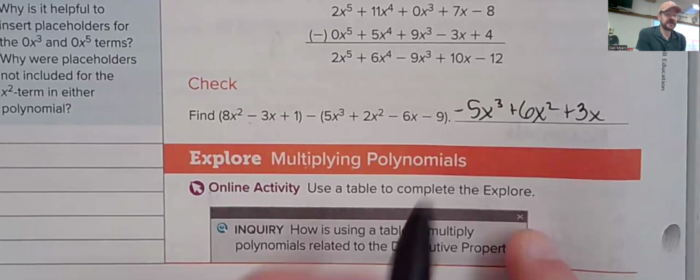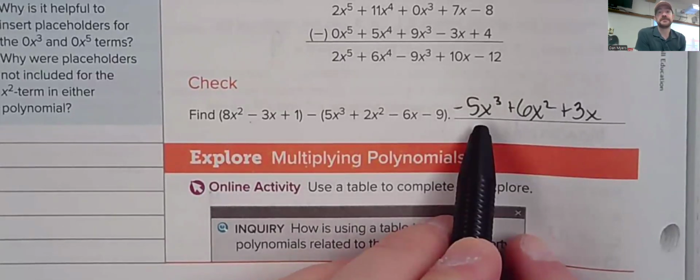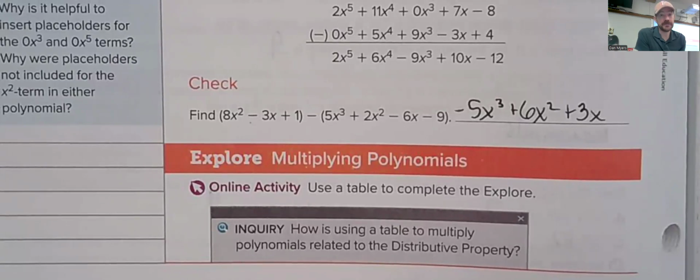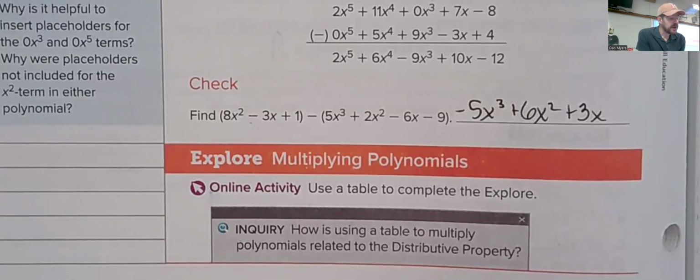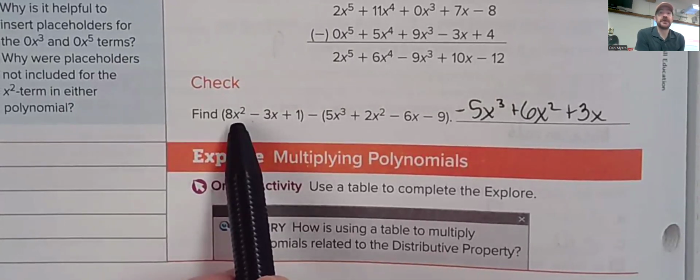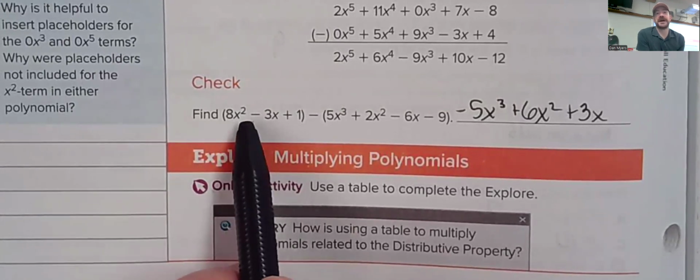Did you start with the negative 5x cubed? Yep. Oh, this one wasn't cubed, though. That one's squared. So I think that's what happened on that.